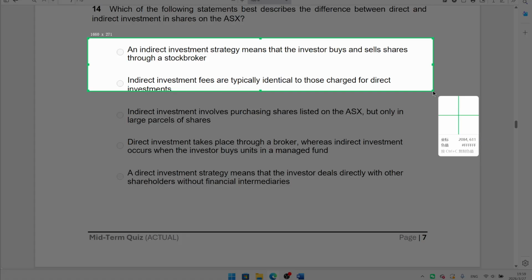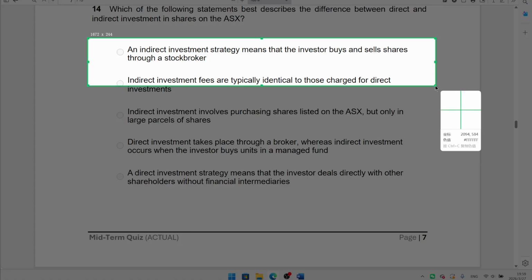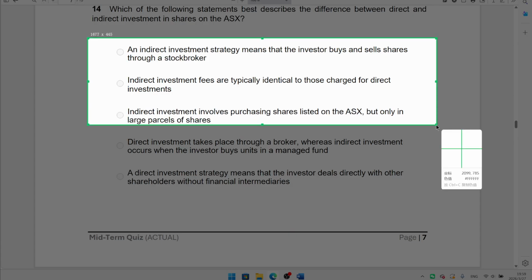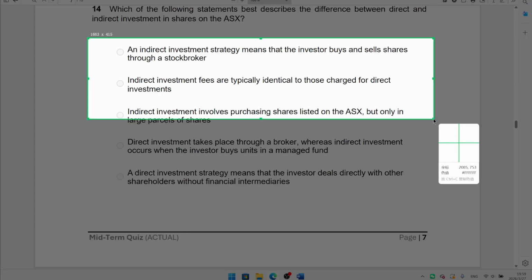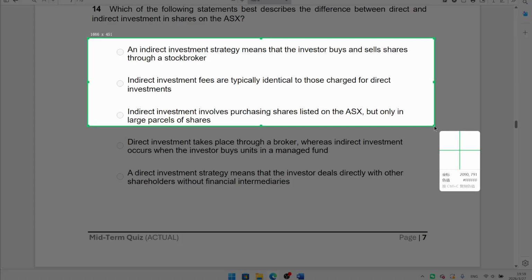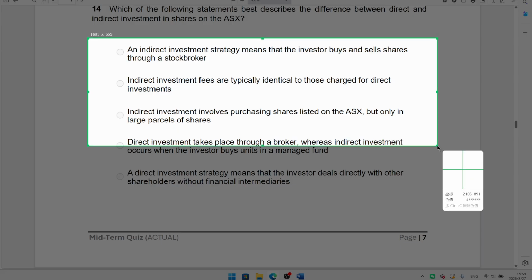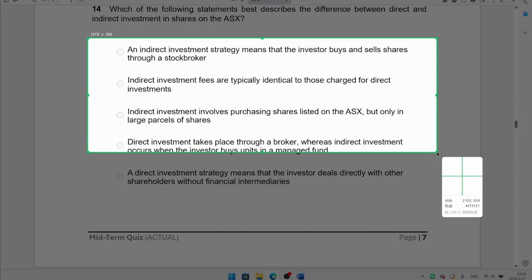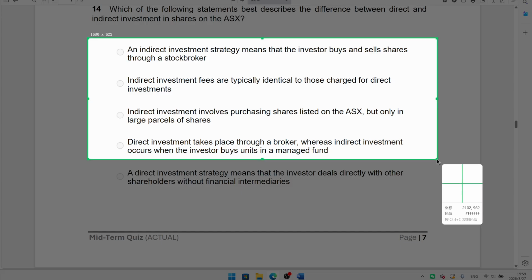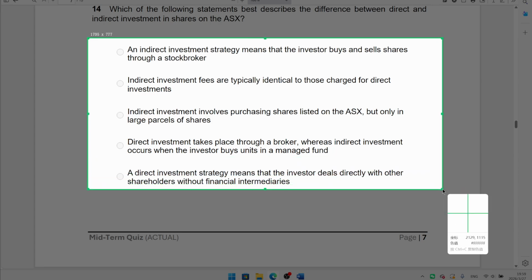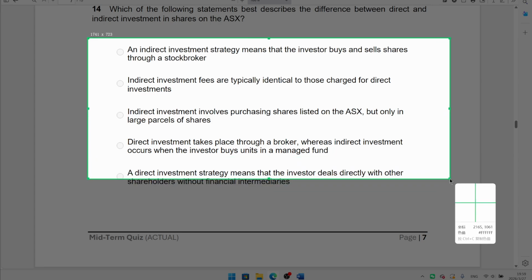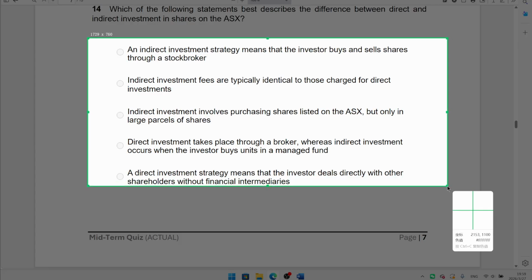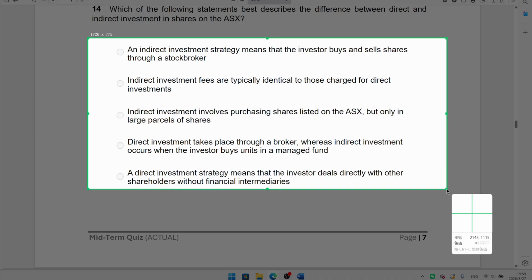Stockbroker investment fees are typically identical to those charged for direct investment? Indirect investment involves purchasing shares listed but only in large places? Direct investment takes place through a broker, whereas indirect investment occurs when investors buy units in a managed fund. A direct management strategy means that the investor deals directly with other shareholders without a financial intermediary.